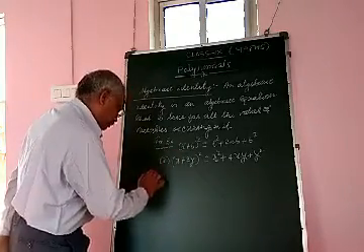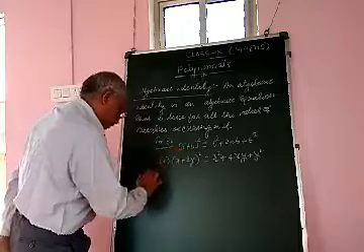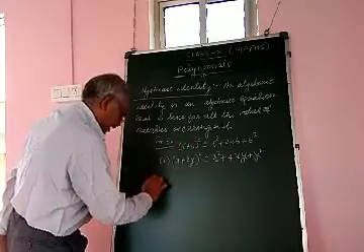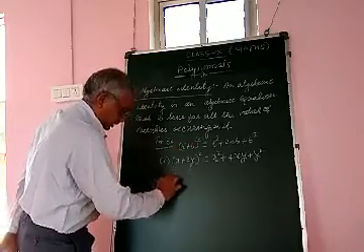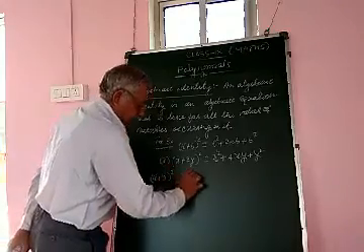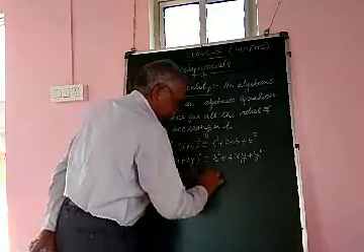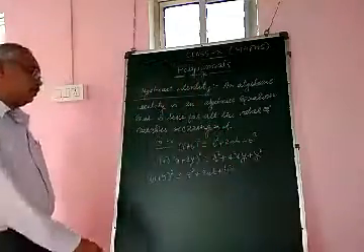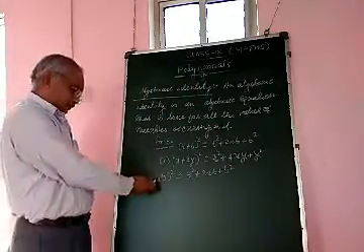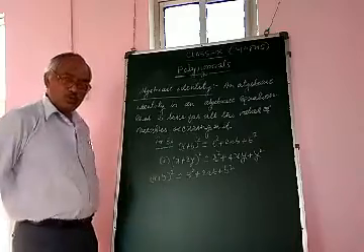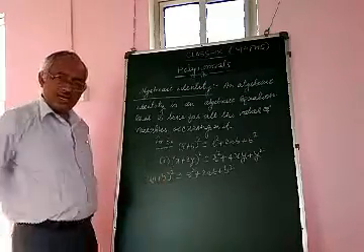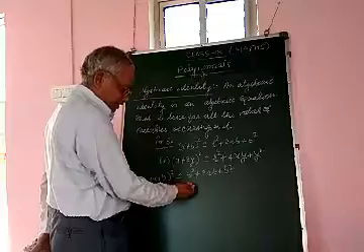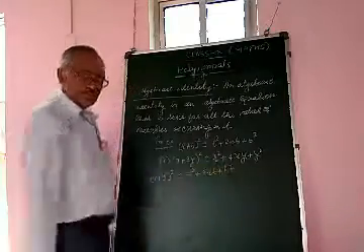So we check the first identity. a plus b whole square is equal to a square plus 2ab plus b square. To check, we put any values of a and b in LHS and in RHS.